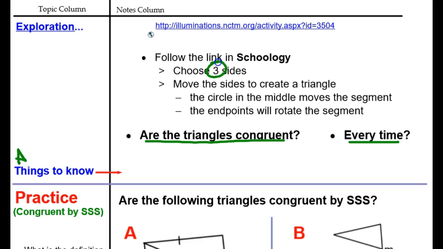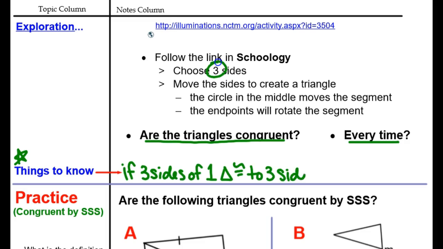What I need you to know is that if three sides of one triangle are congruent to three sides of another triangle, then your triangles will always be congruent.